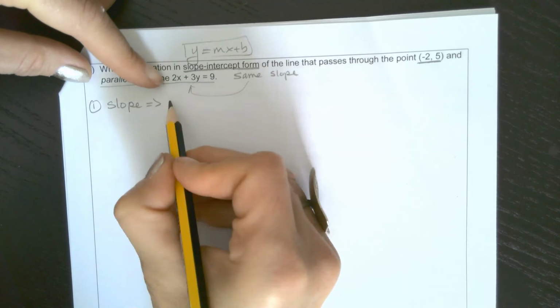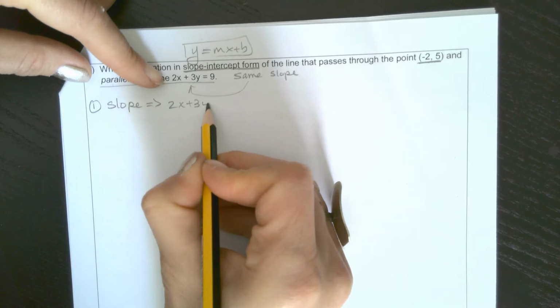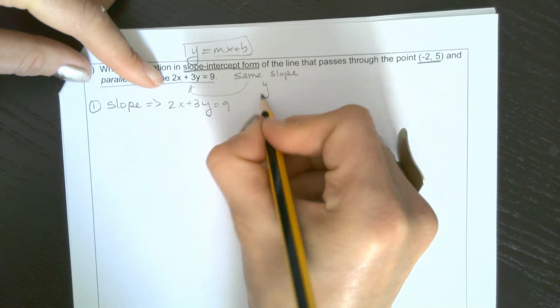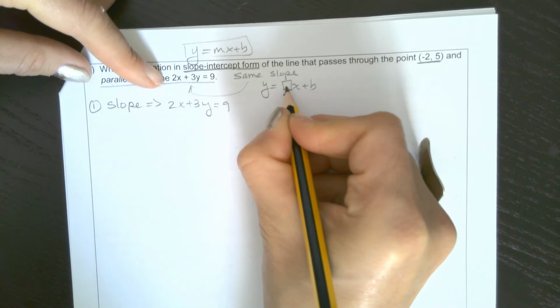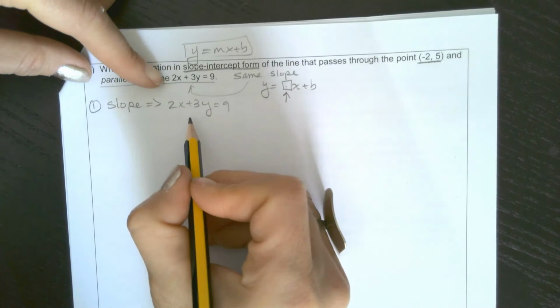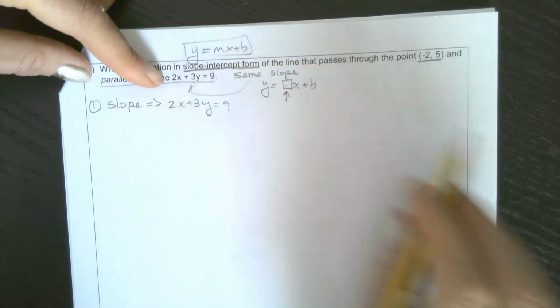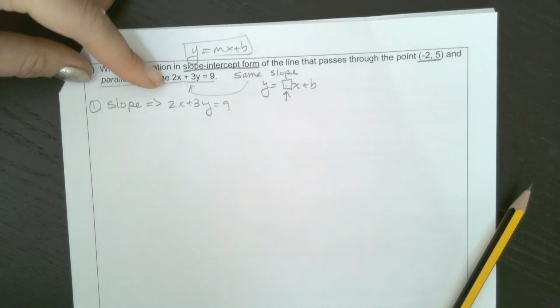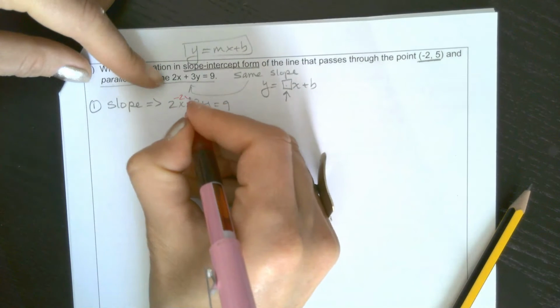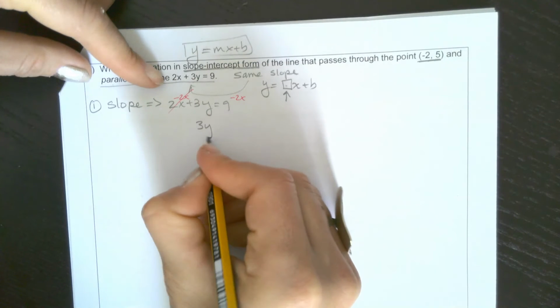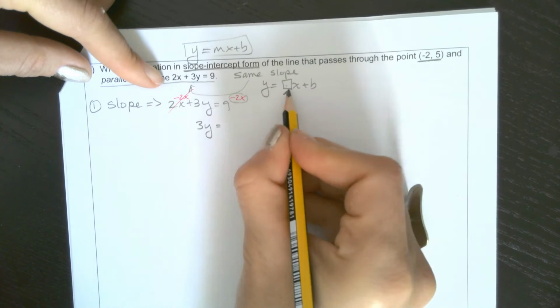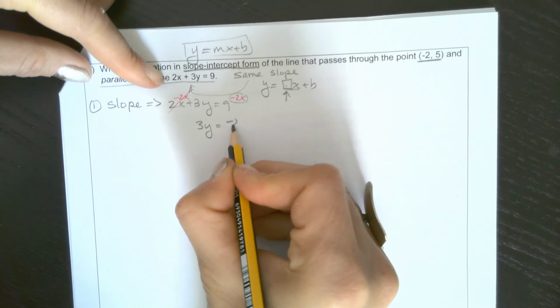So I'm going to write this down. And I need to make it y equals blah, blah, blah, blah. And this number here will tell me the slope. So we need y by itself. So let's get rid of the 2x. So then I have 3y equals, I'm going to put the x term first because the x term always goes first.